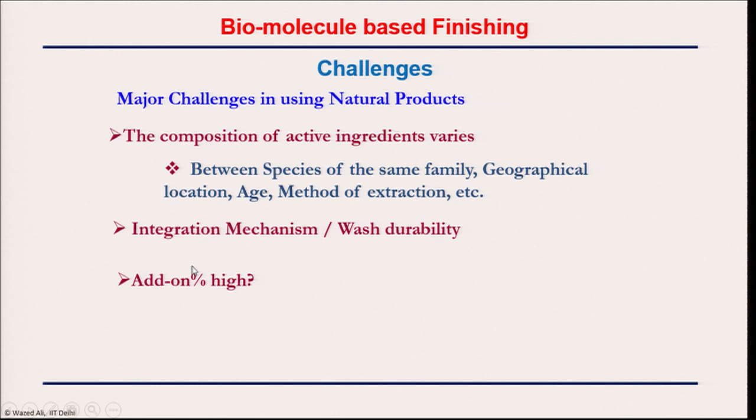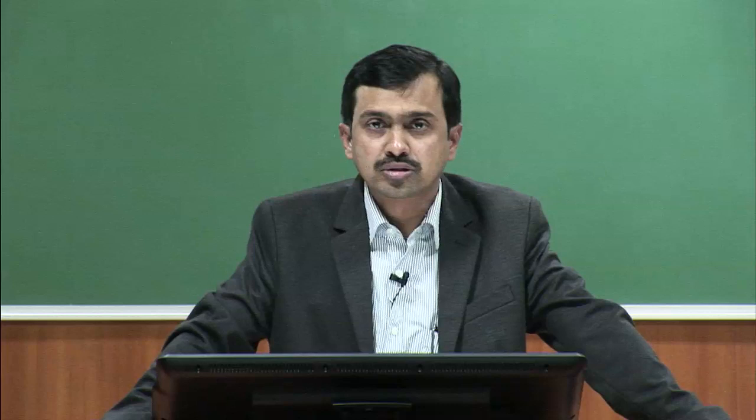So, the integration mechanism is still a challenge, because most of the biomolecules are not known to the textile researcher. So, we need to take help of additional characterization techniques. For example, we can use GCMS, gas chromatography mass spectroscopy, to analyze the structure and chemistry of the particular biomolecule, and accordingly design the experiments for integration on the textile material, so that it will give good durability.